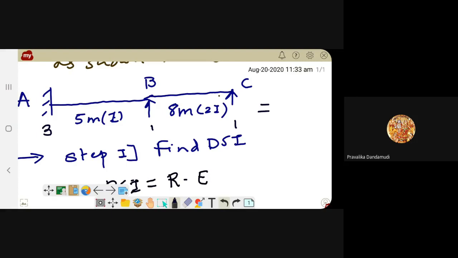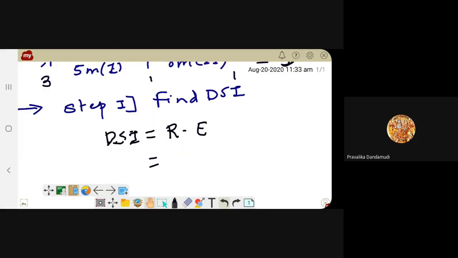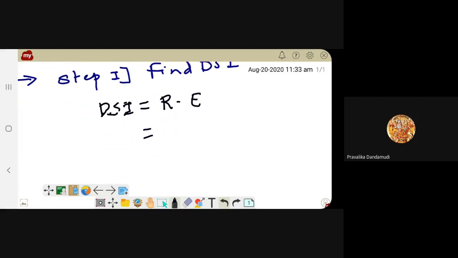Total number of reactions 4, sorry, 5. Total number of reactions present are 5. So I'm writing reactions 5 minus equilibrium equations. We are considering the equilibrium equations 2.